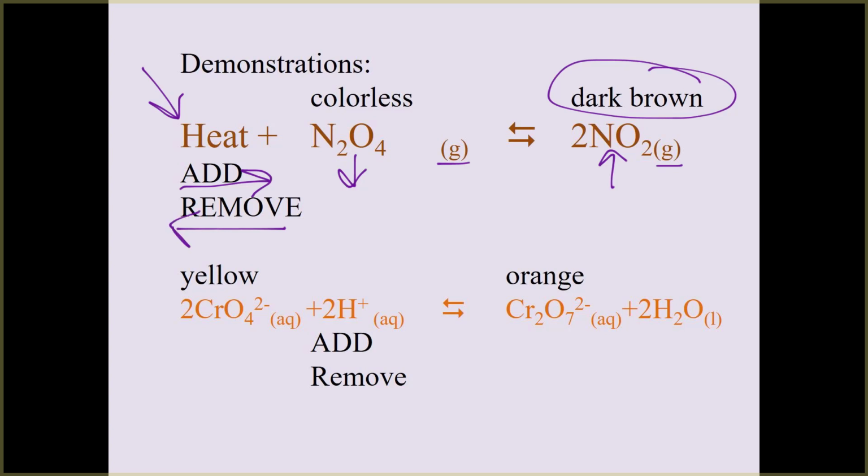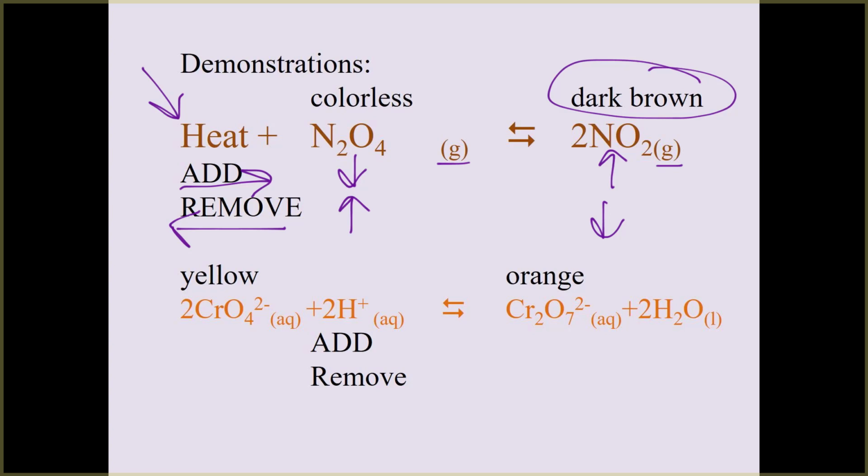So remember, take towards. So I am going to end up with a colorless solution if I cool this gas system down. So I'll have an increase in the colorless and a decrease in the brown. So again, treat heat just like it was a product or a reactant, in this case a reactant, and still follow Le Chatelier's principle of add away, take towards.